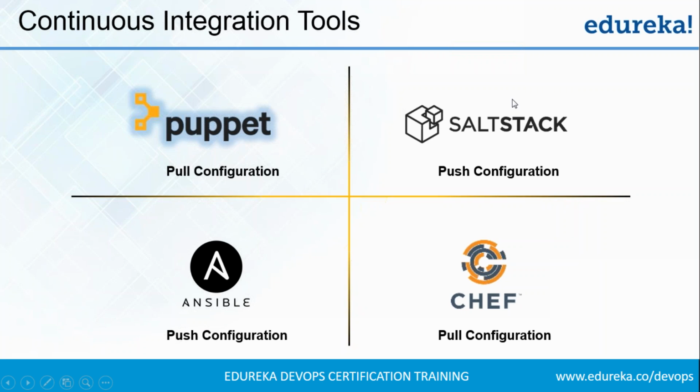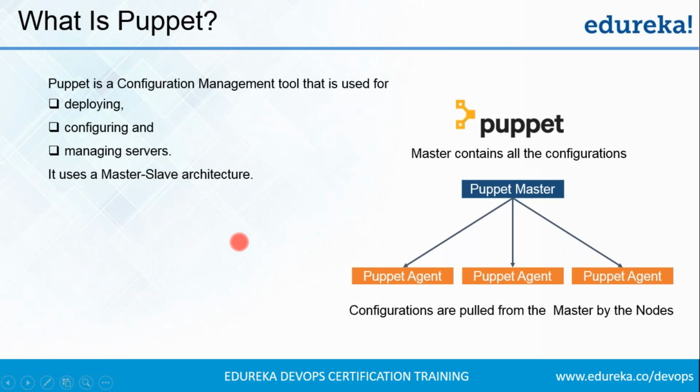So I'll move forward and we'll look at what exactly Puppet is. Puppet is basically a configuration management tool that is used to deploy a particular application, configure your nodes and manage your servers. It can take your servers online and offline as required, configure them and deploy a certain package or an application onto the nodes. With the help of Puppet, you can do that with ease.